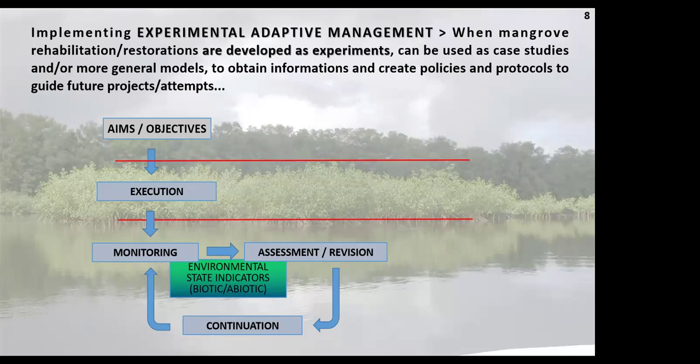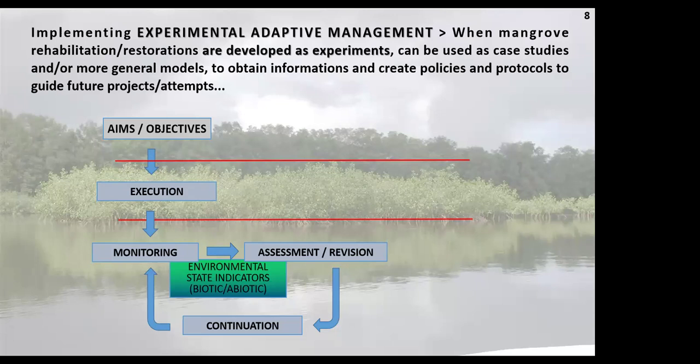But in general, the chances of success of a mangrove restoration are inversely proportional to the area extension. It's very difficult to take on restoration of a great or very extended area, and it's easier to manage a small area of mangrove restoration.